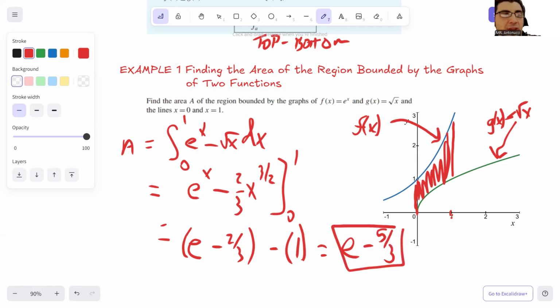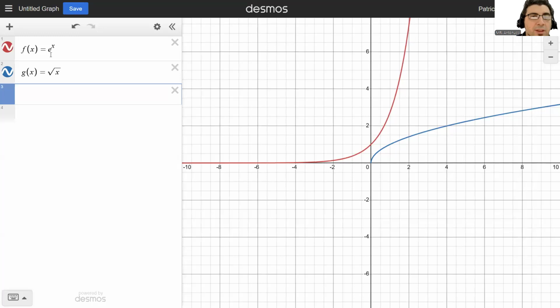Now we could check this answer and get the approximate decimal value by using Desmos. So I have e to the x here, g of x here. And now to get the area, we can call it A. A equals the integral from 0 to 1 of f of x minus g of x dx.